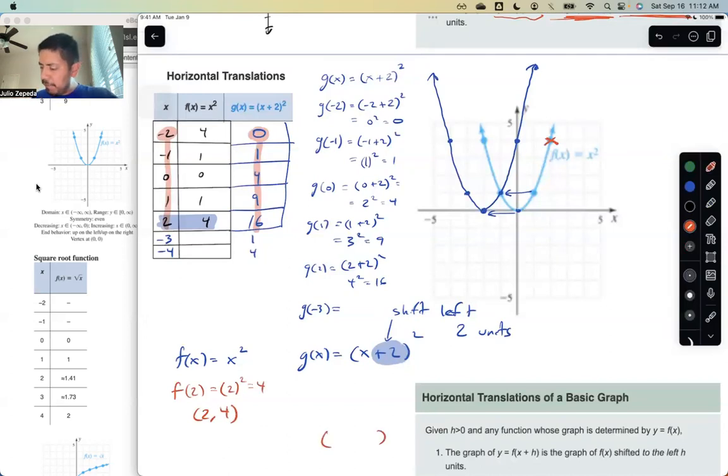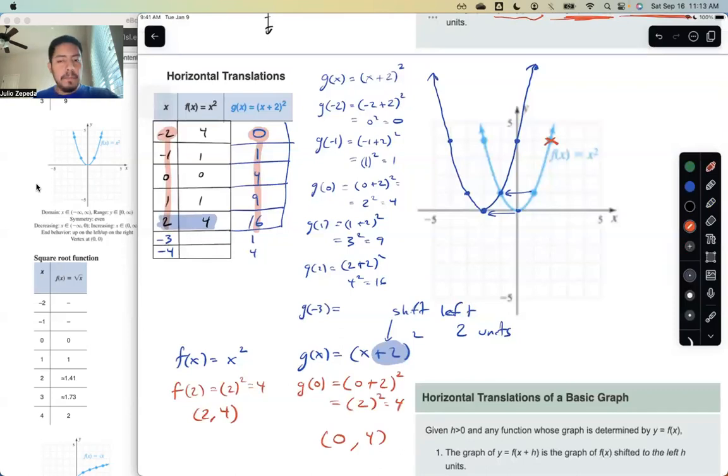Where are we going to get a 4 for g of x? Well, we don't need to plug in 2 as our x value, but we could just plug in 0 because my x value is going to be increased by 2 in the g of x function. So notice if I plug in 0, the value that's getting squared is still 2, which is going to give me 4.